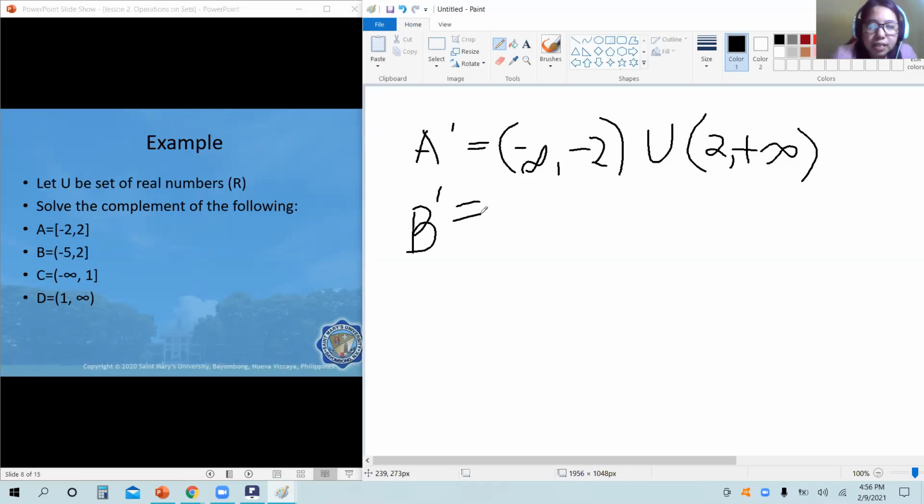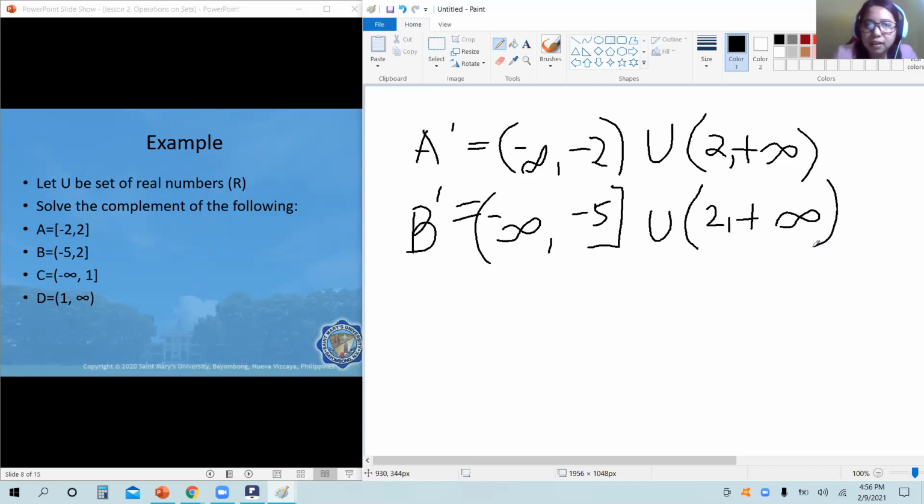We are going to use negative infinity to negative 5 with a square bracket, union, a square bracket, so I'll use around 2 to positive infinity. So this is B complement.